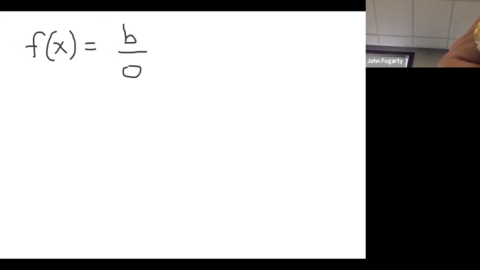Sometimes you get something that looks like this. I take my value, I put it into the function, and I get b over 0. I get a number over 0, and b can't be 0. That means b is some other number, but your denominator is 0.